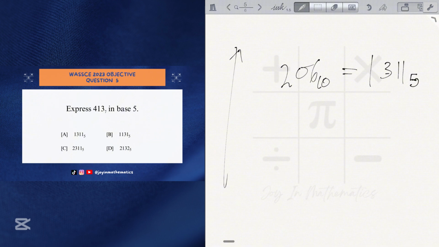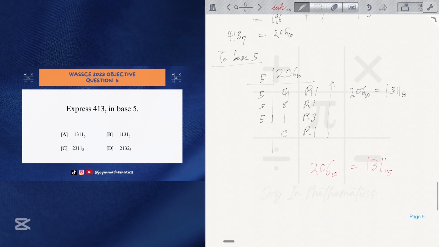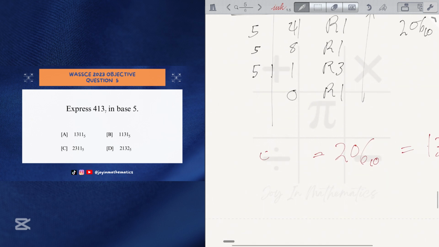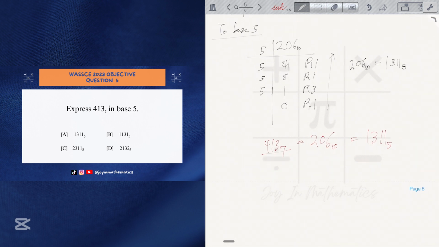So now if 206 is a number in base 10 and is equated to 1311 base 5, and we understand that 206 in base 10 is also equivalent to 413 in base 7. So we have 413 in base 7 to be equal to 206 in base 10 and 1311 in base 5, and this is equivalent to option B. Option B.